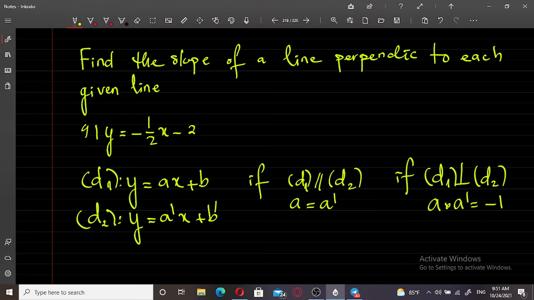So about 9y equal to negative 1 over 2x minus 2, we are asked to find the slope of a line perpendicular to this line.